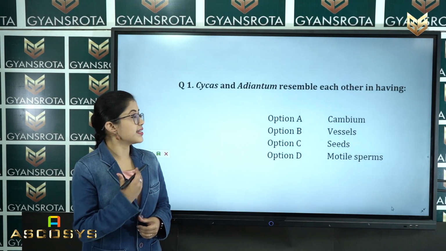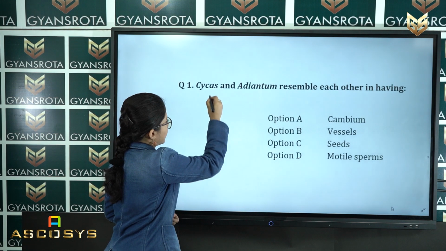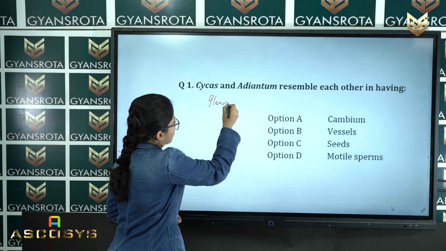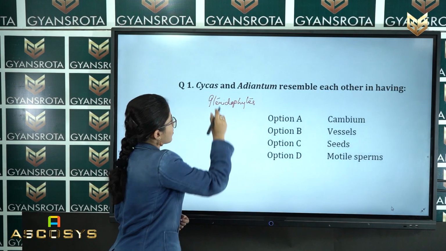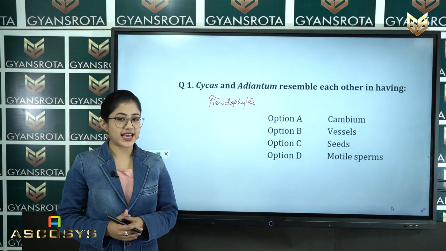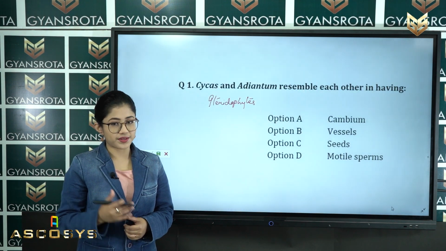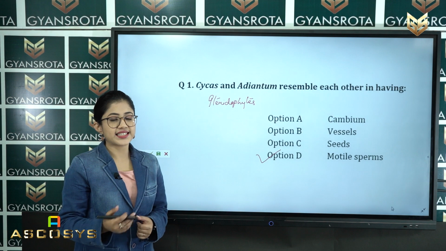These two species, Cycas and Adiantum, are pteridophytes. So these two species resemble each other in having motile sperms, which is option D. So option D is the correct answer.